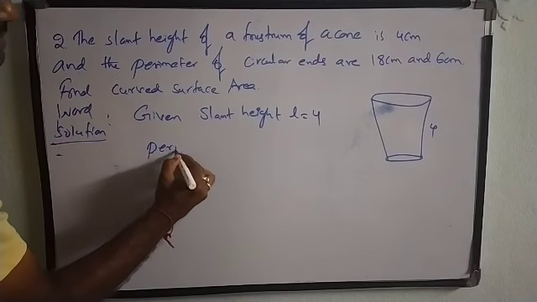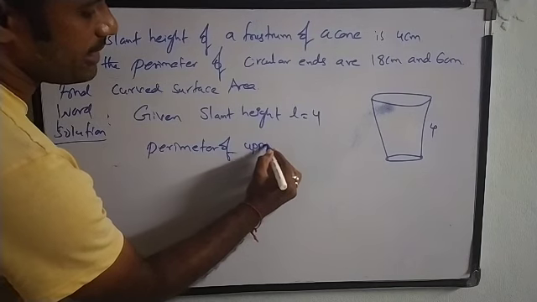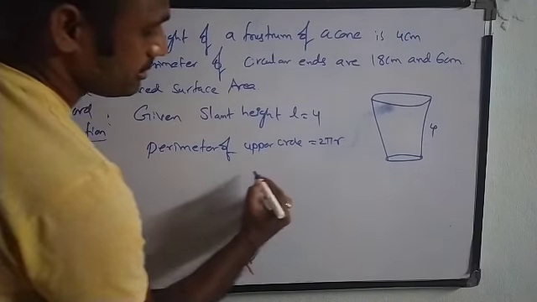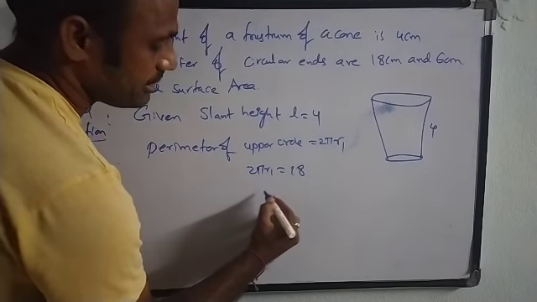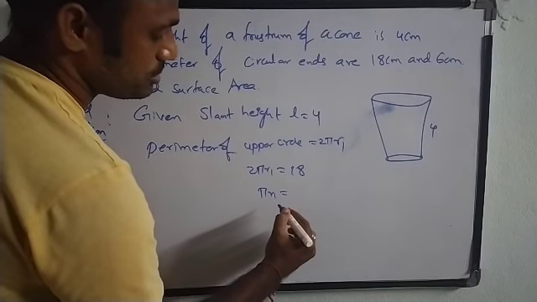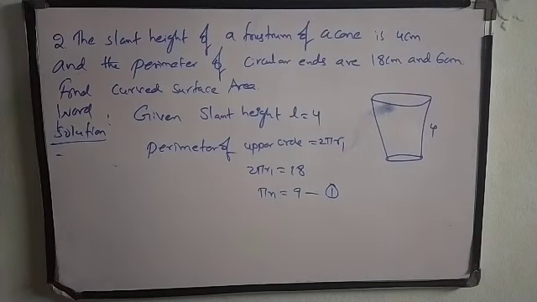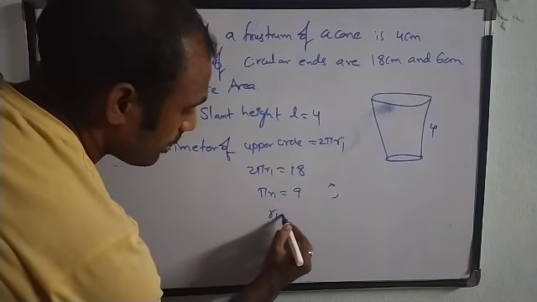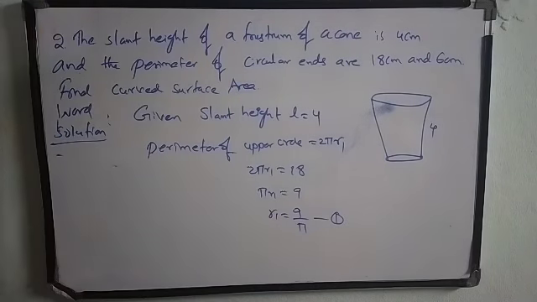So perimeter of upper circle is 2 pi r1. So 2 pi r1 is equals to 18. So pi r1 is equals to 9. Keep it as first equation, or else r1 is equals to 9 by pi. That is r1 value.